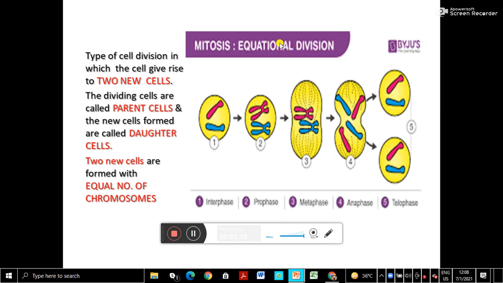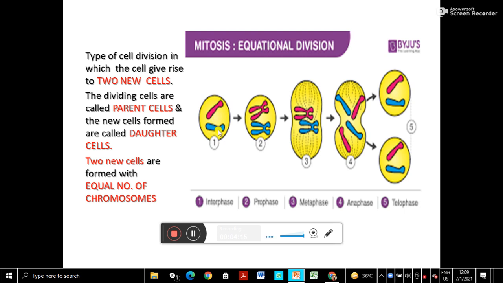So a question can be asked in the exam: why is mitosis known as equational division? Equational means equal. So it has an equal number of chromosomes as in the parent cell. Let us have a quick look at this. This is the parent cell which is dividing.